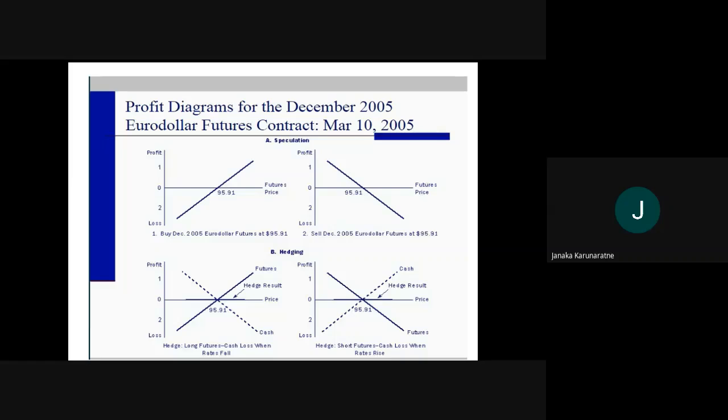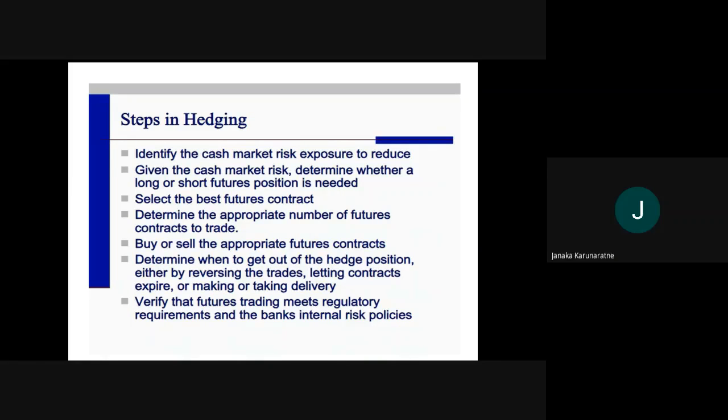So what are the steps in hedging? Identify the cash market risk exposure to reduce. Now you have to identify what is the risk to you. Without knowing that, you don't know what to do. Now you are a banker.